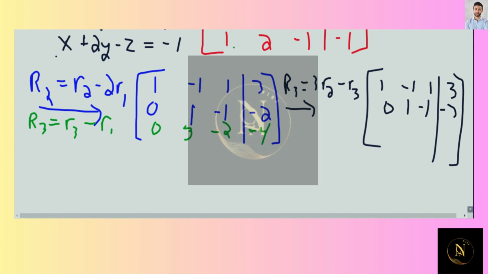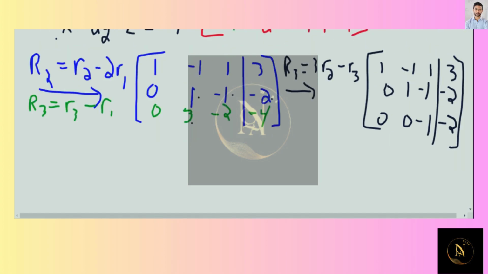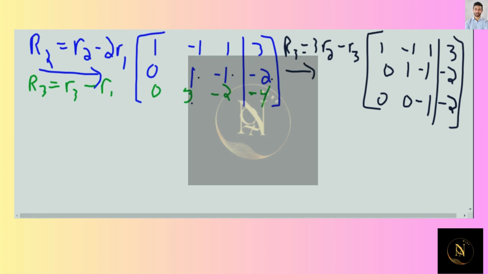For row 3, I take 3 minus 3, and that's 0. I take negative 3 minus negative 2, and that's negative 1. I take negative 6 minus negative 4, and that's negative 2. And so here in black, I've got my new matrix to work with.